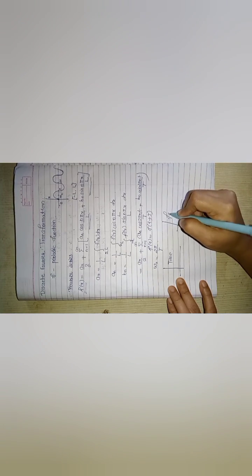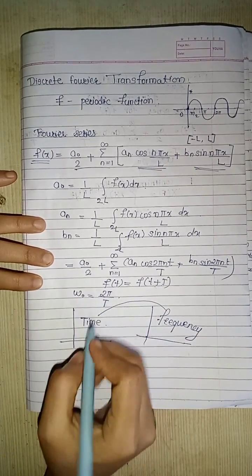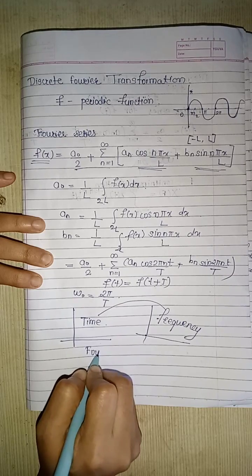Now if you are given any periodic function in the time domain, that is t, it can be converted into the frequency domain. The conversion or transformation of a function from the time domain to the frequency domain is done with the help of a mathematical tool known as the Fourier transformation.